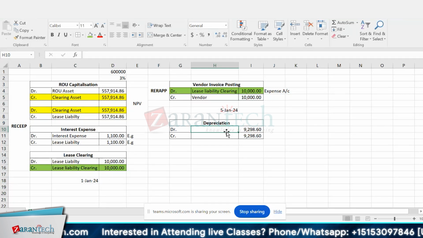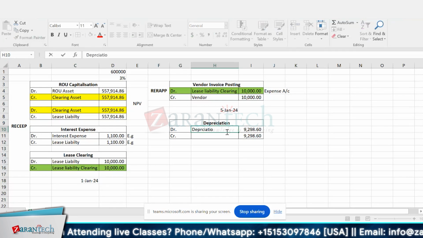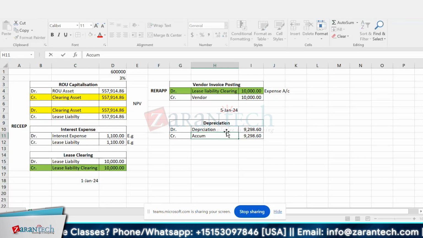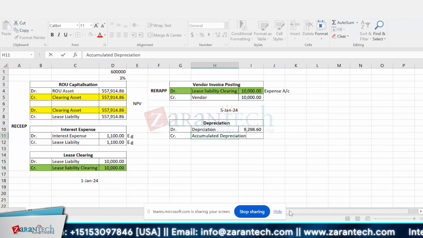Any kind of depreciation will be your depreciation account to your accumulated depreciation. We never skip accumulated depreciation in SAP.